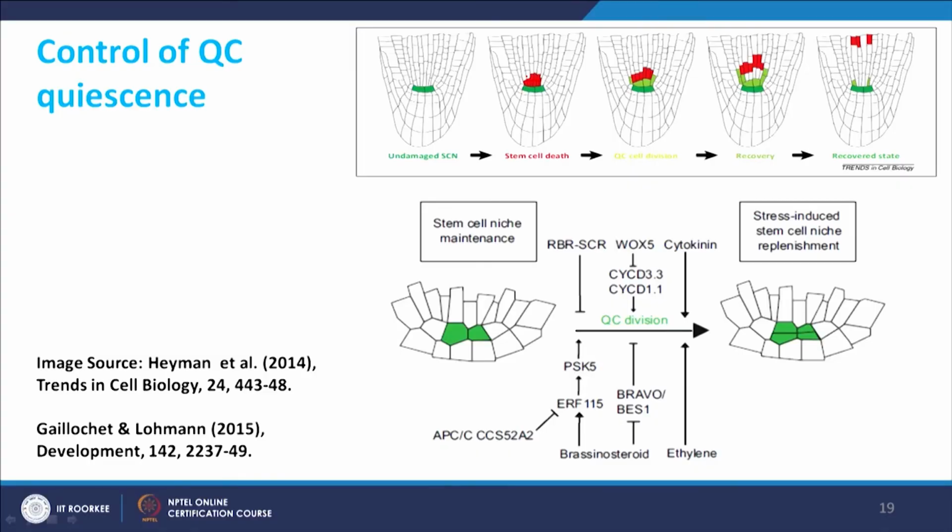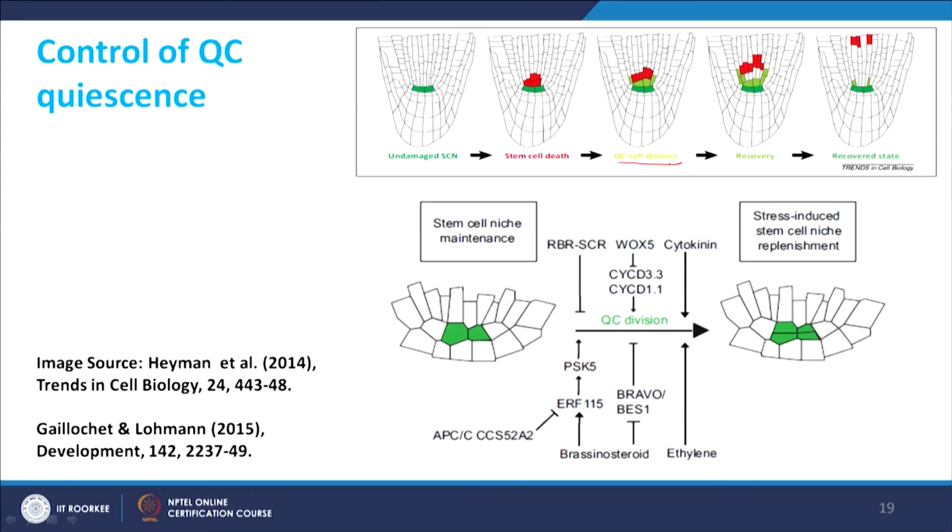Under normal conditions it is only regulating this, but in some stress conditions it has more functions. It can work as a reservoir for providing stem cells. For example, if there is damage to the growing root, or if for some reason the initial cells or stem cells are damaged or dead, then under that condition the QC starts dividing.